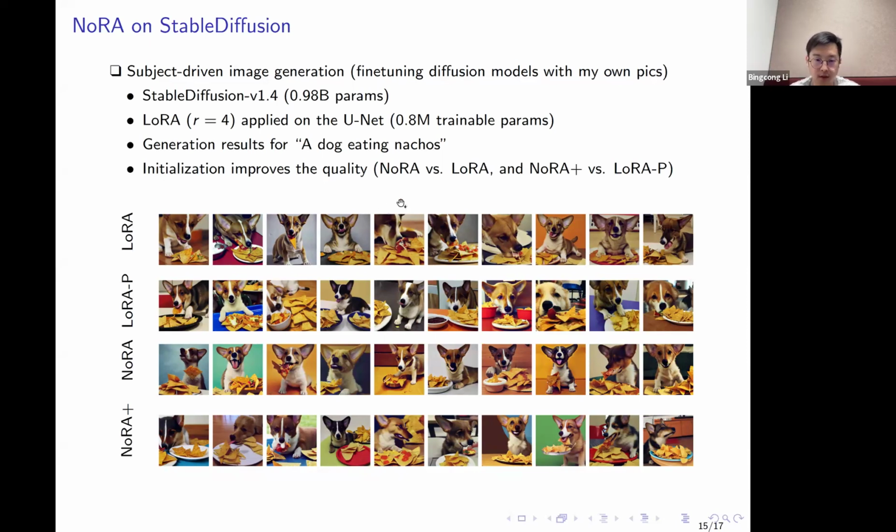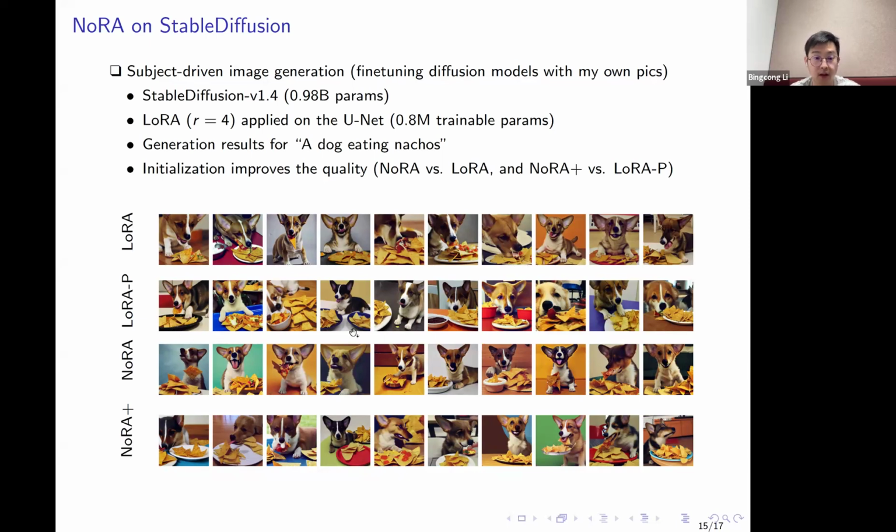In the figures below, we show the generated images of different algorithms. Let's start with LoRA. It turns out that some of the dogs generated by LoRA are not really super clear. For example, in this figure, you can see that this dog does not really look like a dog, right? And this LoRA P means LoRA preconditioning, meaning that we are using scaled gradient descent as the optimizer.